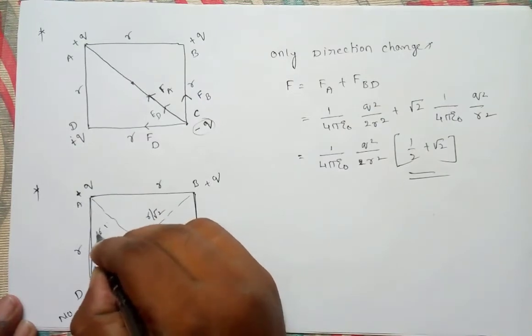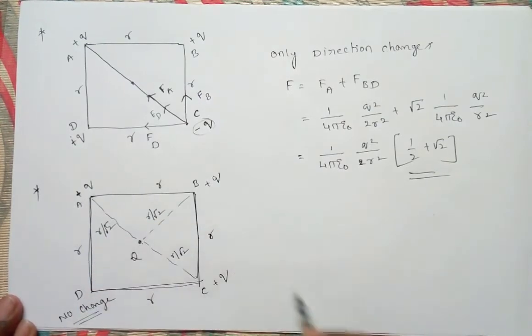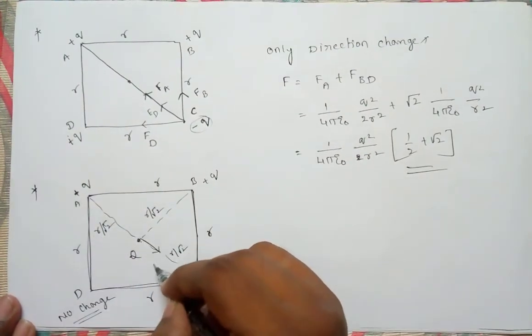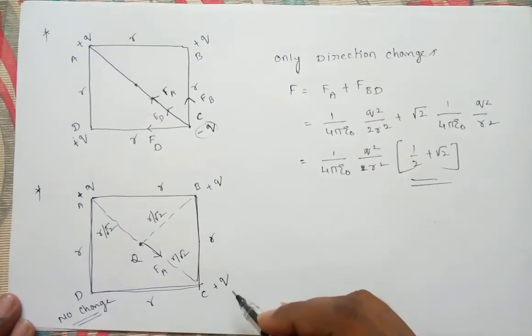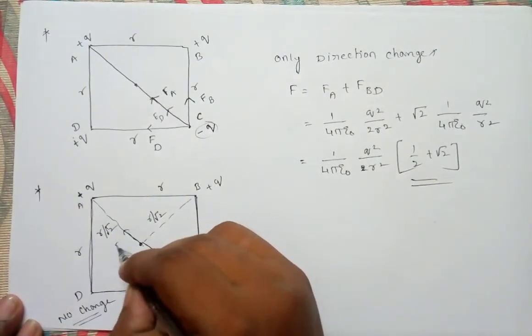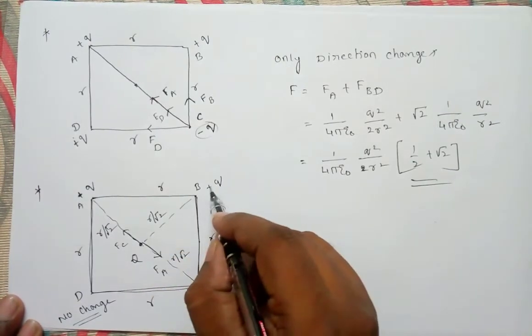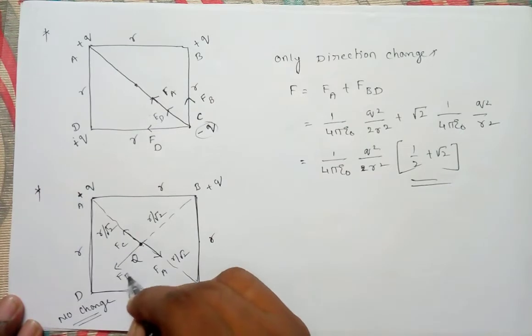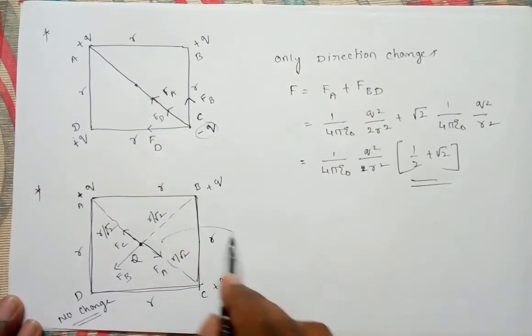Then FA is repulsive, in this direction, FA. And FC is away from it, this is FC. And FB is away from it. Now you observe this one.